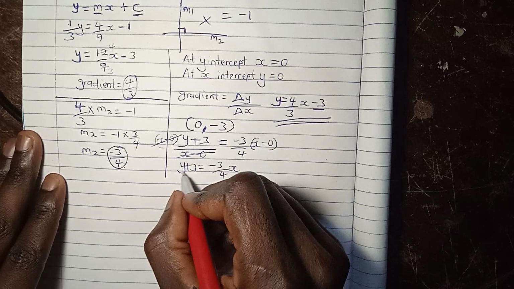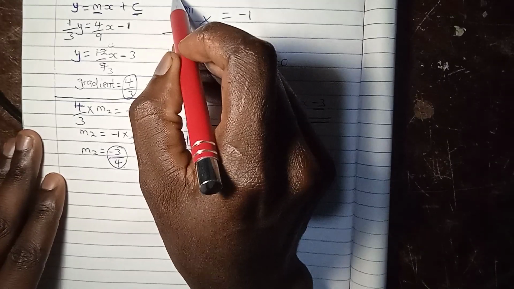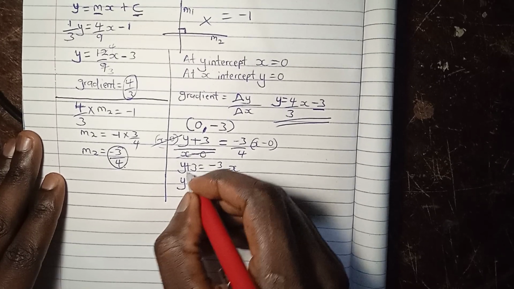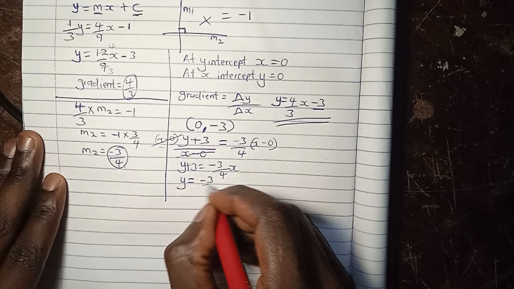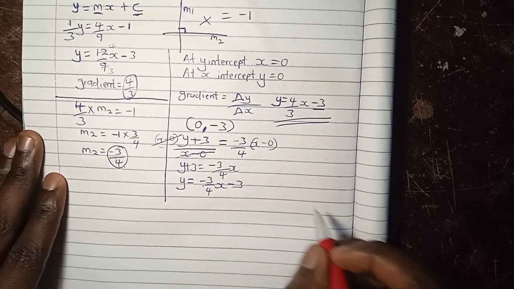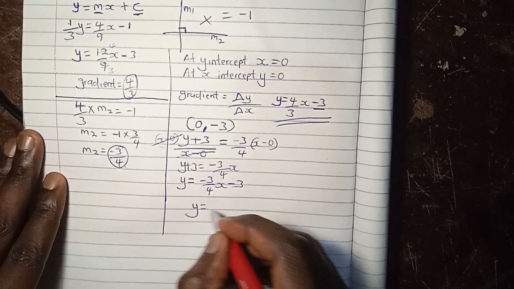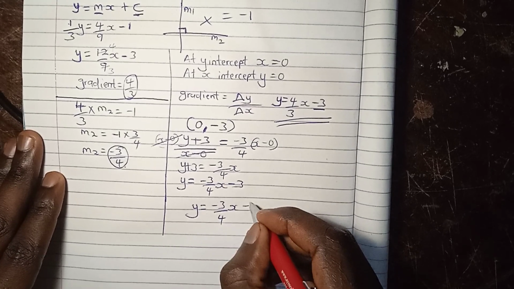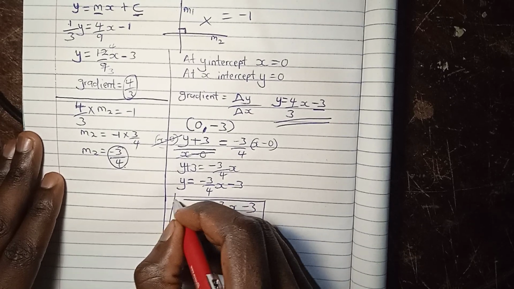We take y as the subject, because we have been told to arrange it according to the formula y equals mx plus c. y will be equal to -3 over 4x, and +3 to the other side becomes -3. So y equals -3 over 4x minus 3. Let me write it here so that it's clear: y equals -3 over 4x minus 3. And that is the answer, and that is 3 marks.